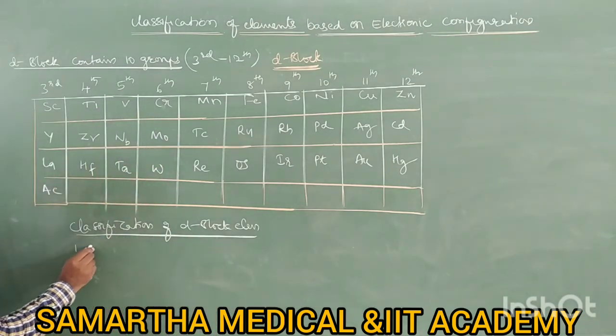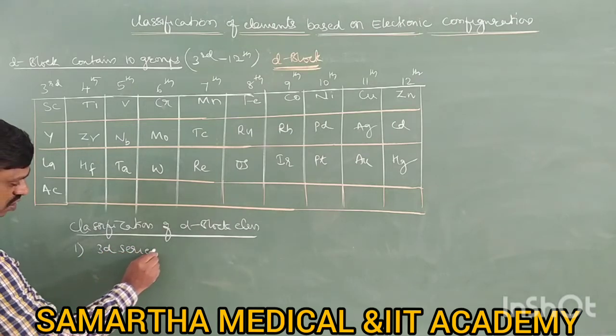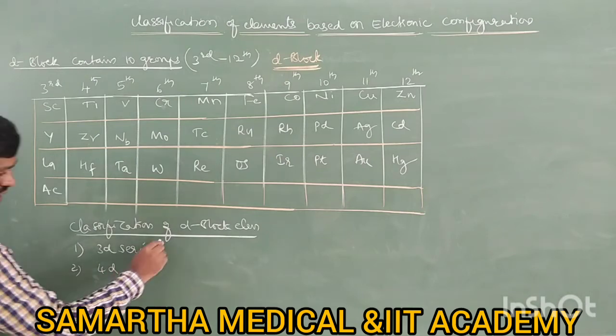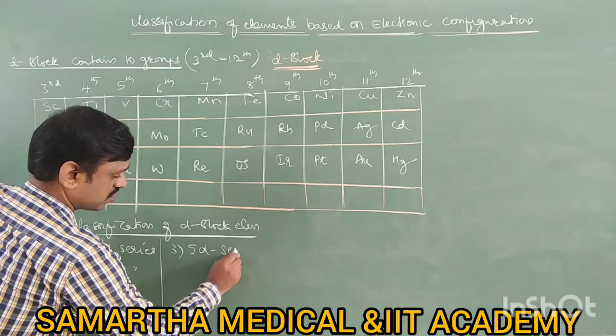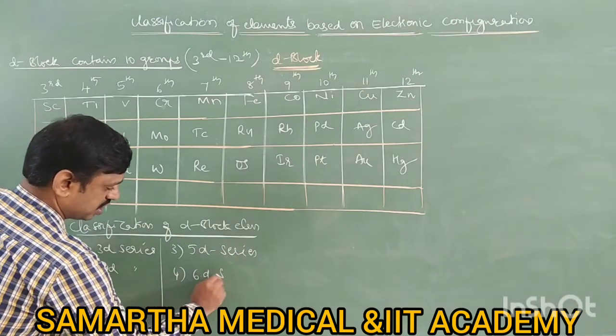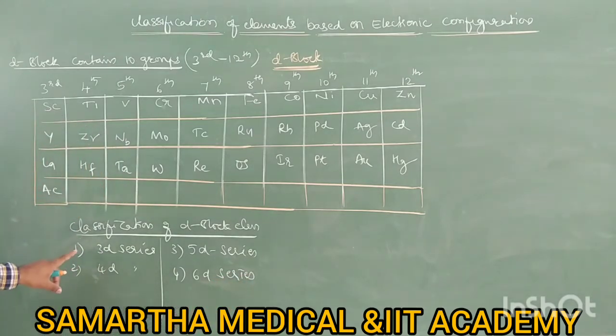That is, the first one is 3d series, then the second one 4d series, the third one 5d series, and the fourth one 6d series. Therefore, d block elements are classified into four series: 3d, 4d, 5d, 6d. On what basis? This classification is based on the differentiating electron.